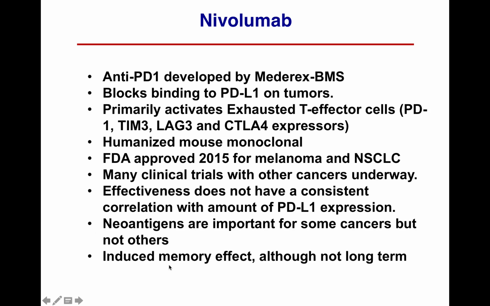And it induces a memory effect, although this memory effect has turned out to be not as long-term as might have been expected, as long-term as, for example, the CTLA4. There's reasons for that, and I won't go into that right now. But if you ask me in class, I can discuss that.